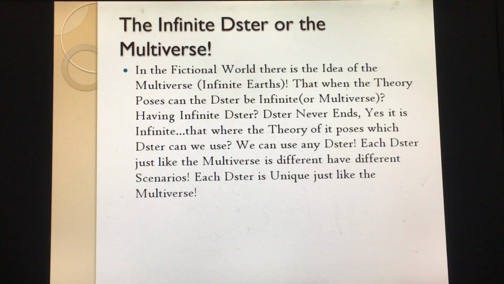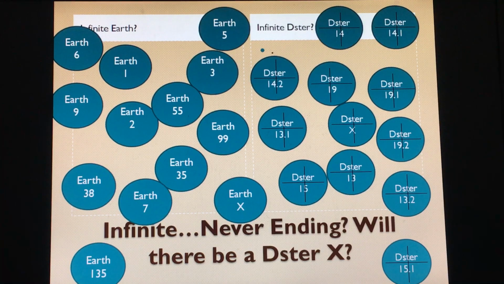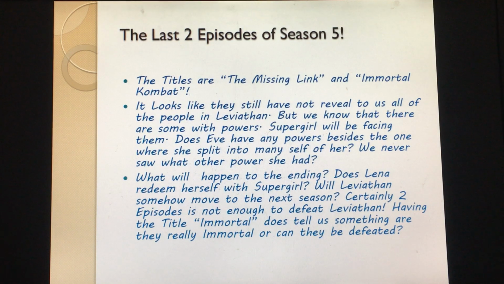That's where the term infinite comes from. And the Dster can be infinite in a way because you have Dster 12, 13, 14, 15, 16, 17, 18, 19, 100, or even going to decimals like 13.1, 13.2, 13.11, 13.111. Keep going, never ends.